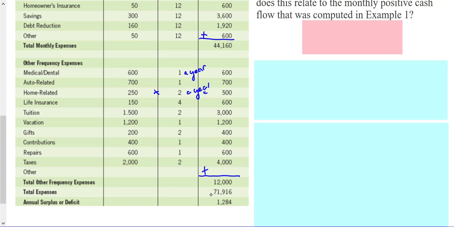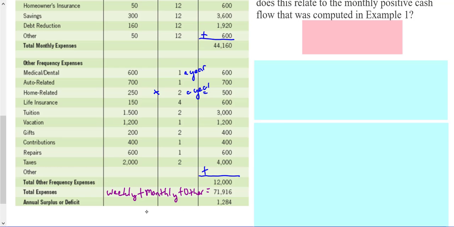And then to get your total expenses, you're going to add your weekly, plus your monthly, plus your other frequency to get that total.